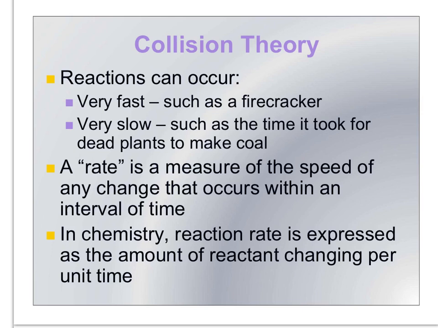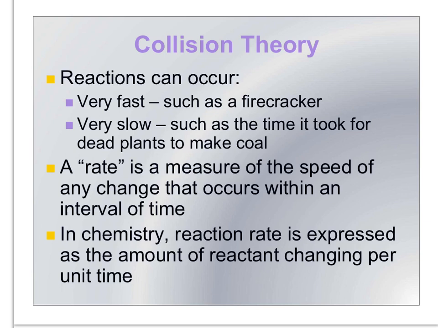So if we wanted to measure the rate, which means the speed of a reaction, well, the speed of anything, like let's say you're driving to school and you're trying to measure your speed, well, you measure whatever is changing over change in time. So when you are driving, you measure your change in distance over time. In a chemical reaction, obviously, we don't have a change in distance, but we do have a change of concentrations.